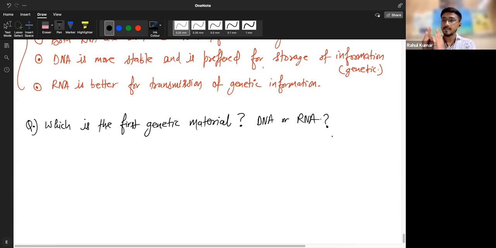DNA makes RNA, RNA makes protein. So to make proteins, DNA is dependent on RNA. There has to be an RNA in between. But RNA either is made from the DNA or it can be self-formed, like it can form on its own in the cell. But focus on the characteristics.